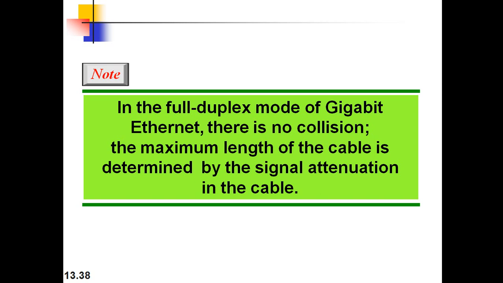Because of this method, if the information is less than 512 bytes, we need to append a number of zeros. That is an extension bit, that is, padding bits. And we extend the length of the cable by 8 times, that is 25 into 8, so we receive around 200 meters.